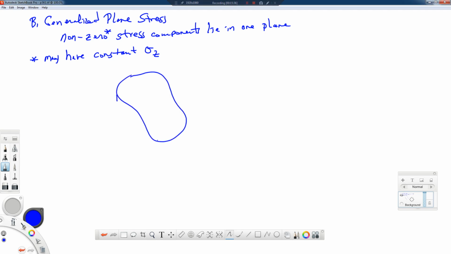So to illustrate this thin plate type of geometry, I'm going to try to draw kind of a thin plate. And I'm going to use the dimension of the plate in this direction, I'm going to call that h to stick with what our textbook is showing. In the plane of the plate, we'll call that the x and y directions. And perpendicular to the surface of the plate, we'll call that the z direction.